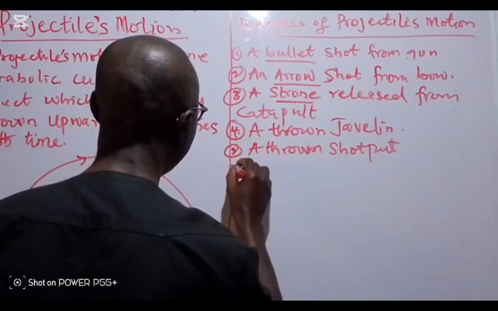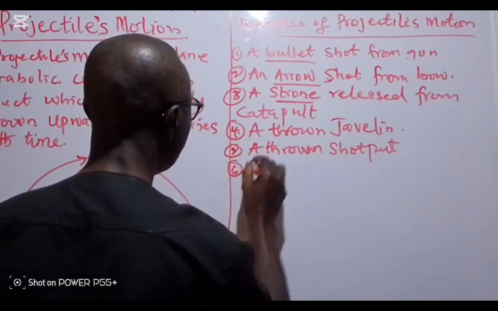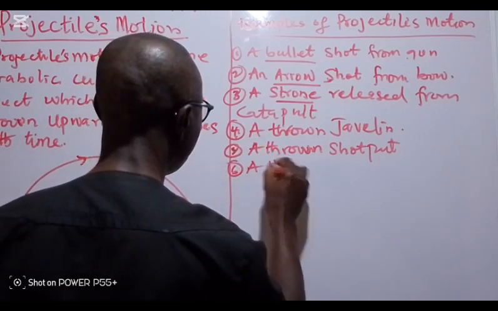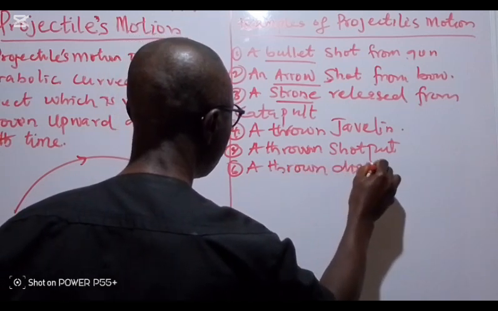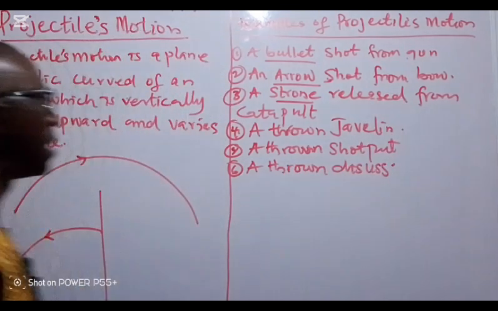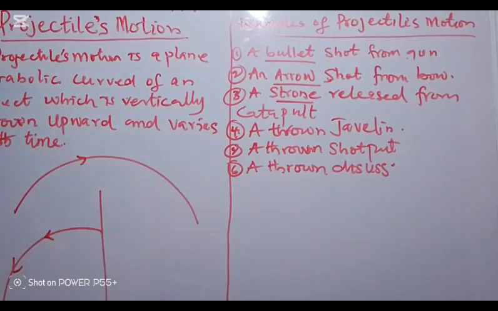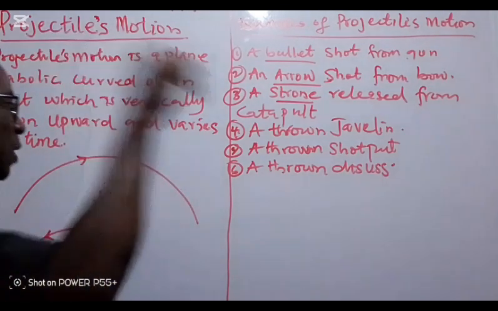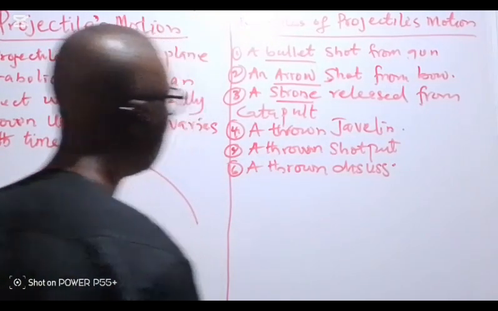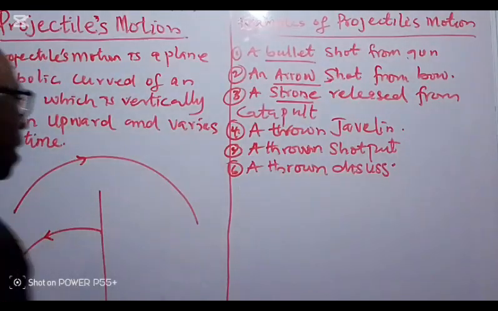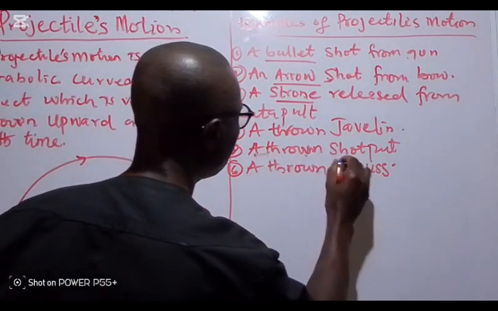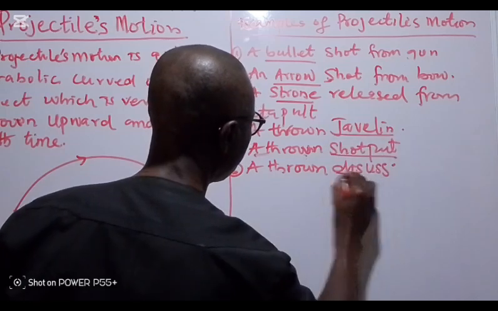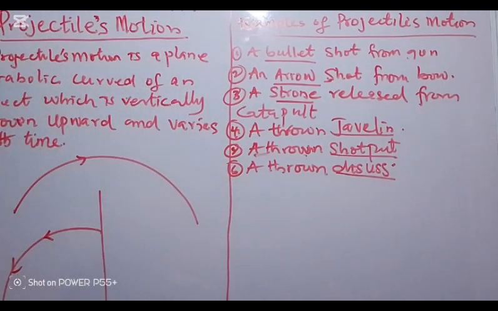Number 6, a thrown discus. Discus is another sport material. When it's thrown, the motion must follow a parabolic curve. There is a reason for underlining all those ones.